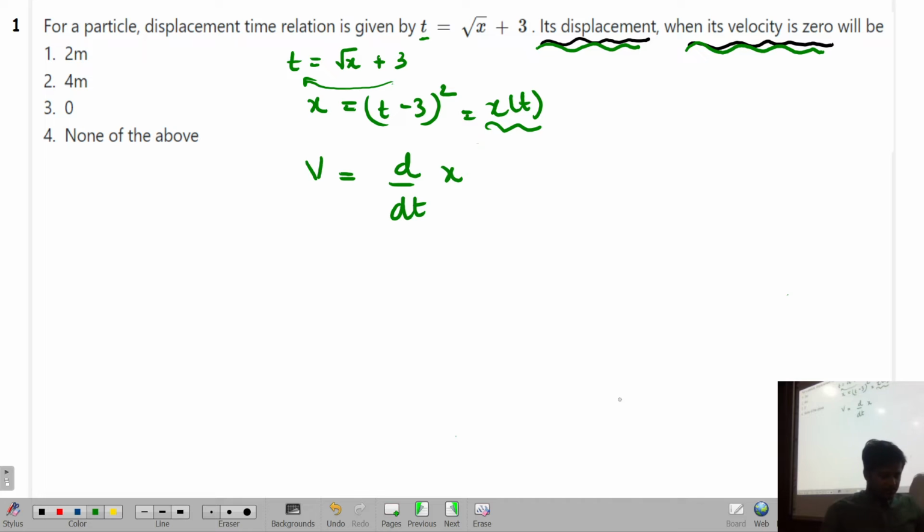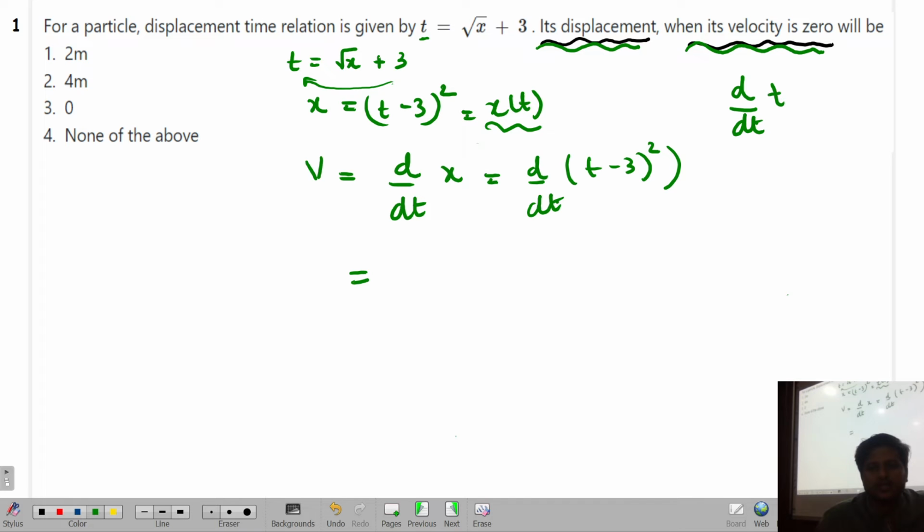Okay, now look over here. How to solve this? It will be equal to d by dt of x, which is given as t minus 3 whole square. What is the formula? As you know, d by dt of t to the power of n is equal to n t to the power of n minus 1.